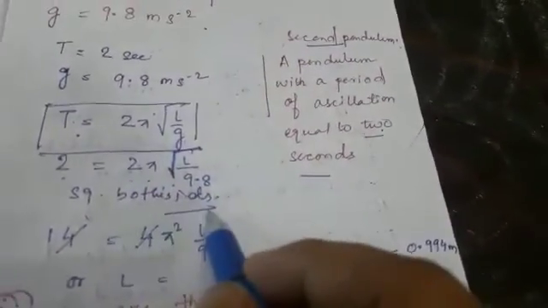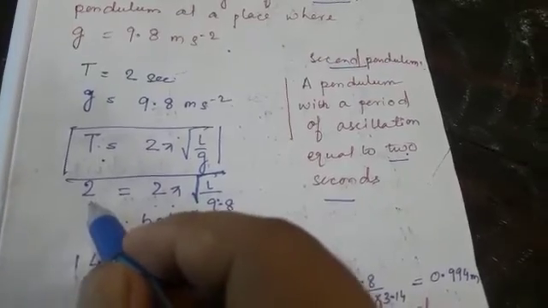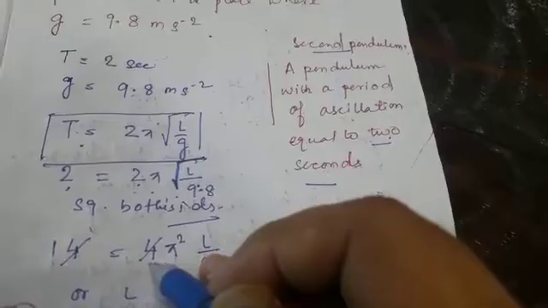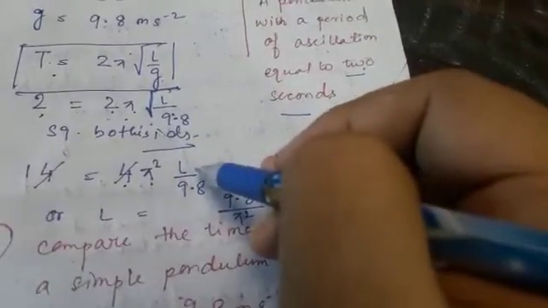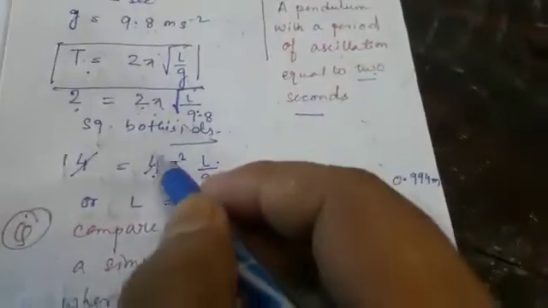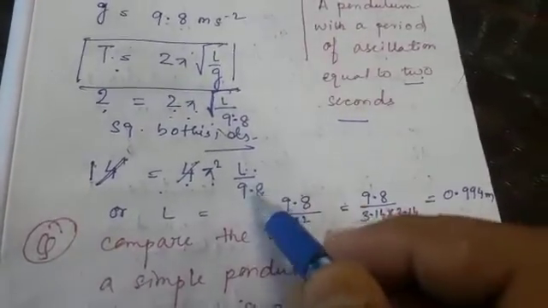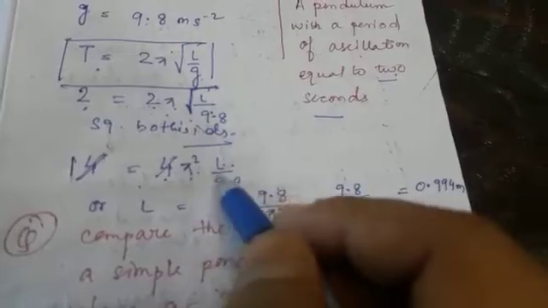Now squaring both sides to get rid of this root, on this side 2 squared will become 4. On the other side this 2 will again become 4 by squaring, this pi will become pi square and the root will vanish, so it will be L by g. So you can cancel this 4 and this 4, so you have 1 on this side. Now 1 is equal to L pi square by 9.8.